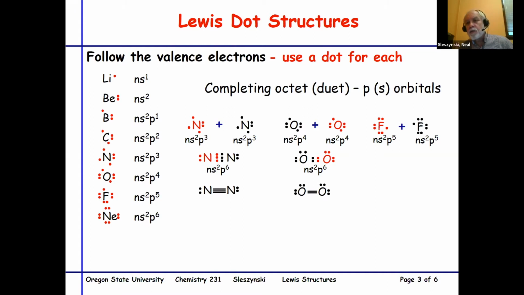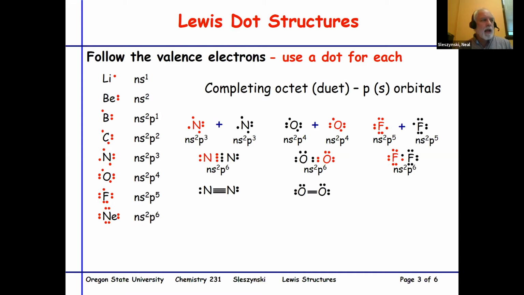Finally, let's finish off with group 7 in the second period of the periodic table. Each of our fluorine atoms has an electronic structure of 2s2, 2p5, 1 electron away from an octet.